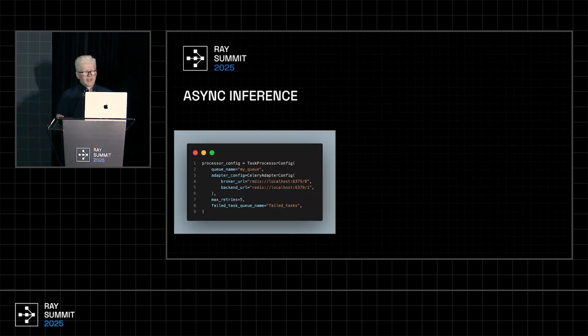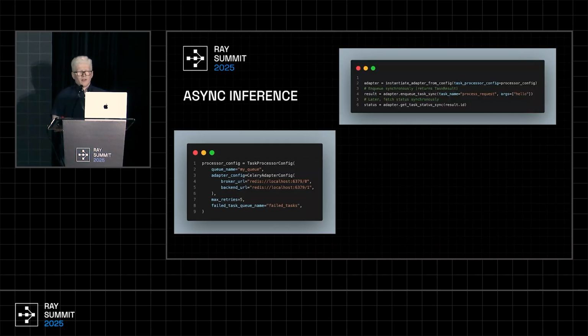In order to use async inference in your application, you first have to create a config object which has a reference to the queue name, a reference to the message broker, and an optional reference to a result backend. Then create an object of type adapter and use that adapter object to either enqueue the task in the queue or query its status.